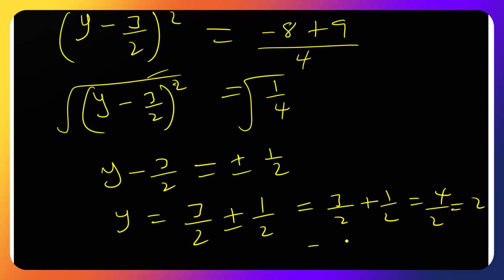And we also have 3 on 2 minus 1 on 2. That will be 2 on 2, which is 1. So we have 2 and 1. Okay. So y equals 2 or 1.